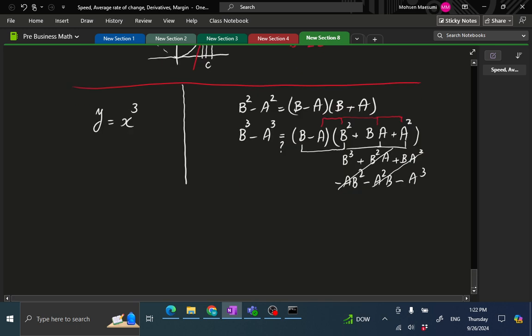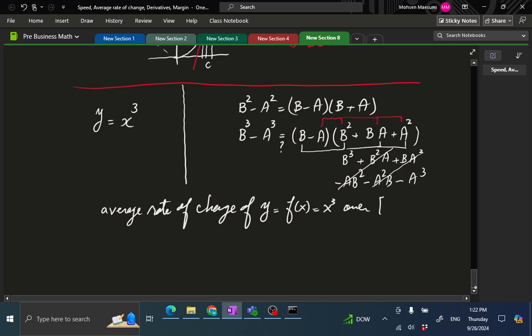So what does this mean? Suppose I want to find the average rate of change of y is equal to f of x is equal to x cubed over the interval from a to b. So what is my delta y over delta x, or delta f over delta x? We calculate f at the end point, b cubed. At the starting point is a cubed. x itself changed from a to b.